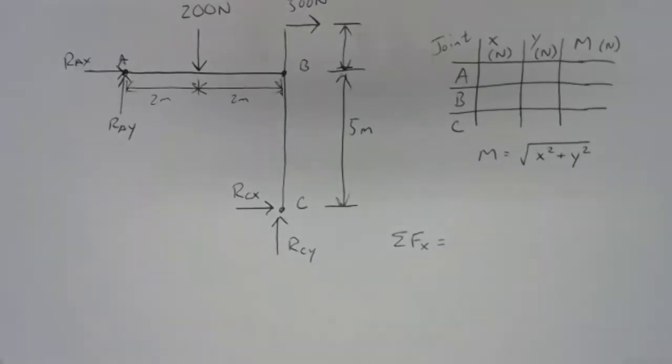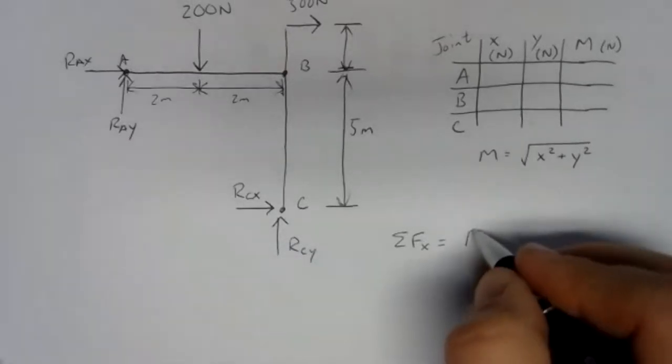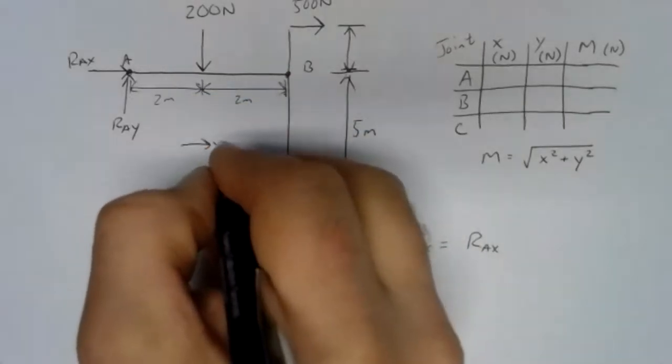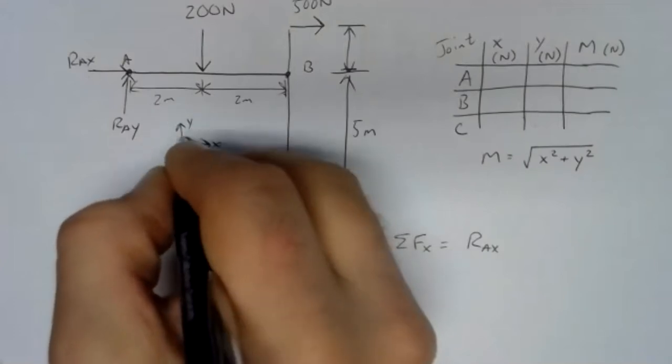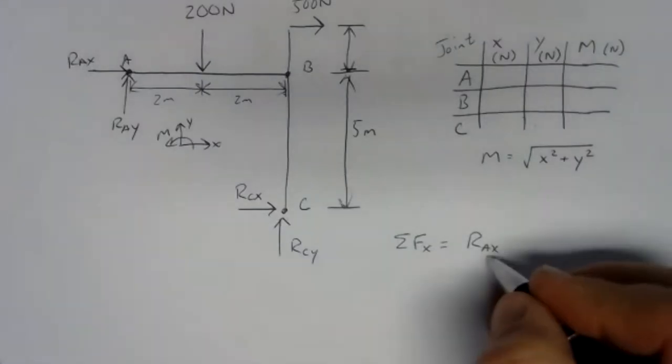So let's do our sum of forces in the x direction. We've got RAX positive, since our coordinate system would look something like this. We've got RAX to the right, so that's positive.